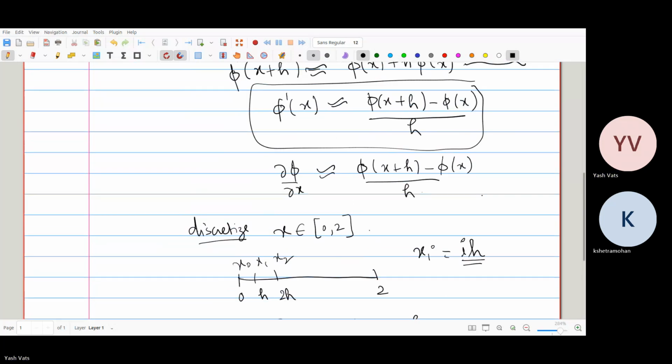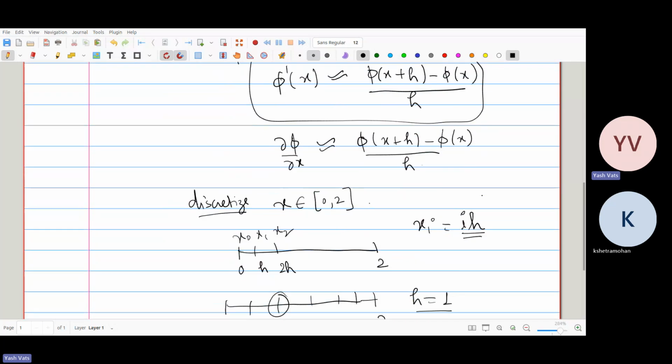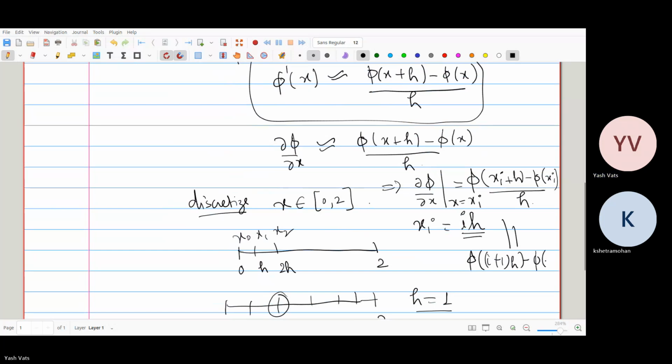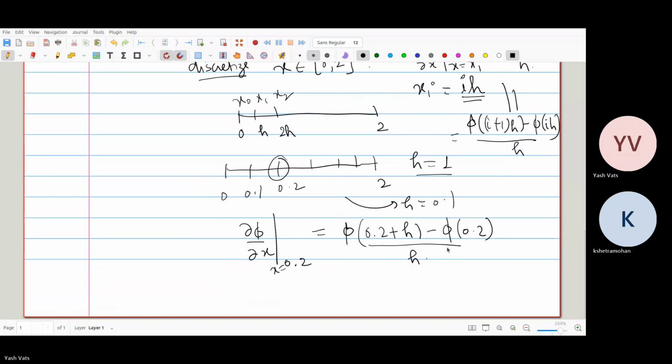If you want to calculate at xi, del phi over del x at x equal to xi is phi xi plus h minus phi xi divided by h, which is same as phi i plus 1 minus phi i divided by h. I think it's clear now how you get to that.